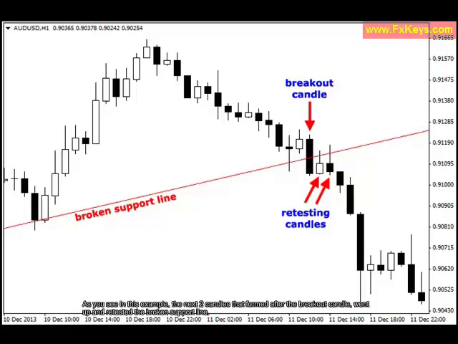As you see in this example, the next 2 candles that formed after the breakout candle went up and retested the broken support line. However, the broken support line worked as a strong resistance and did not allow the price to break above it. So the next 2 candles closed below the broken support.